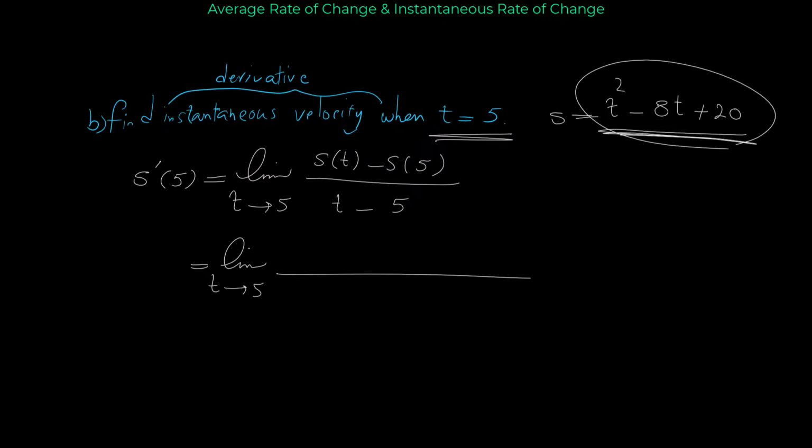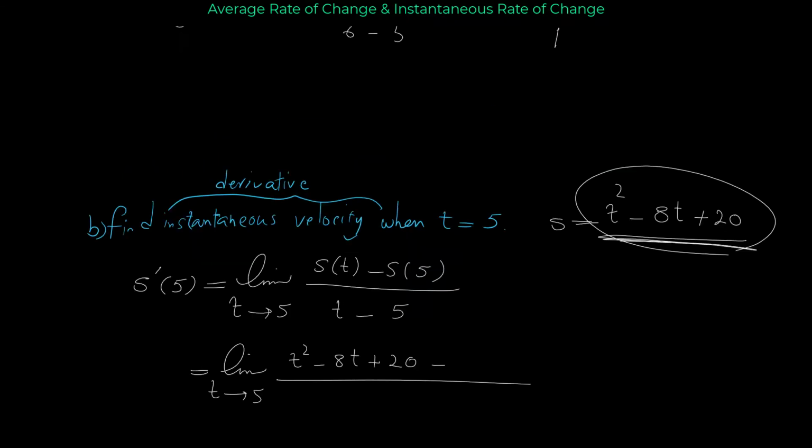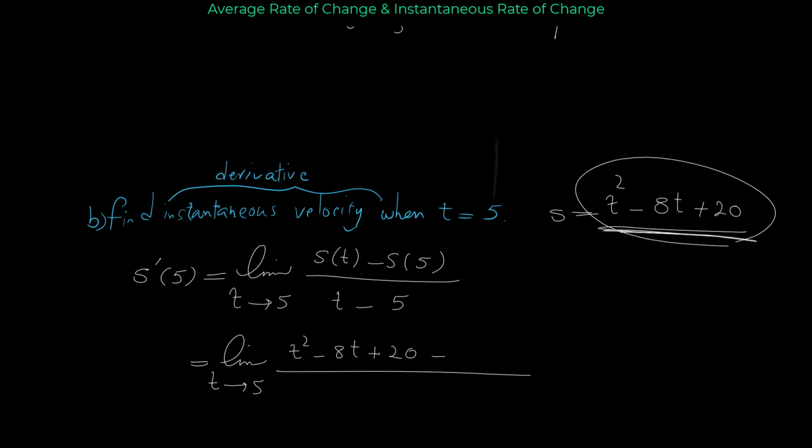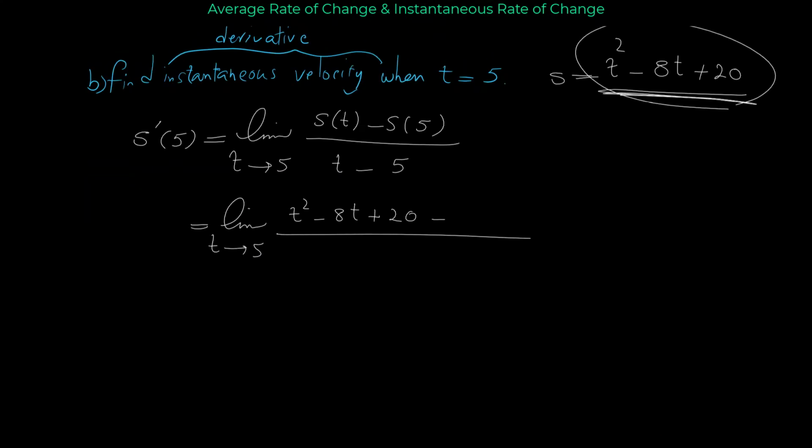So t to the power of 2 minus 8t plus 20 minus s of 5. You don't need to calculate s of 5 again. We did this here and s of 5 was 5. So s of 5 is 5, minus 5, all over t minus 5.